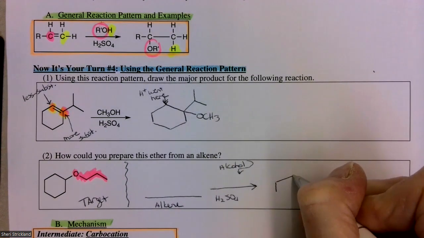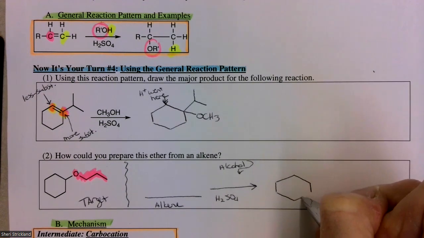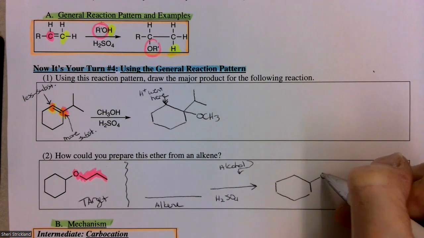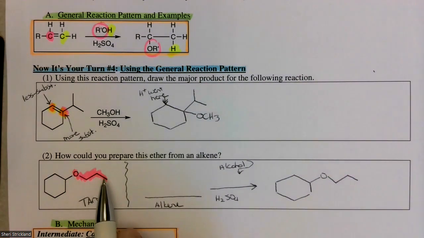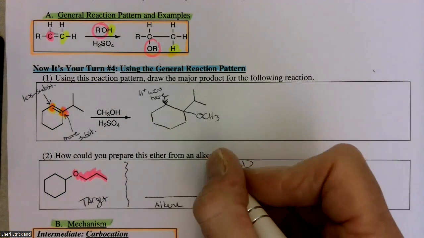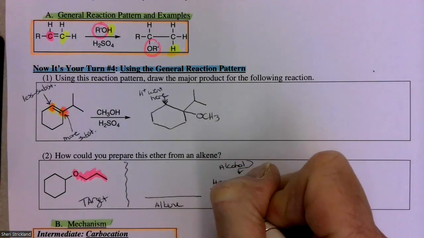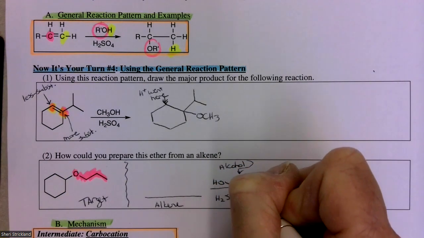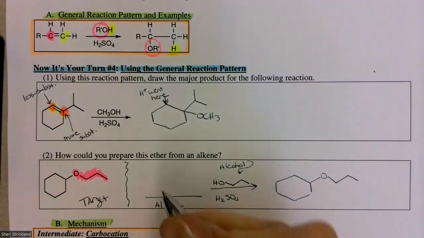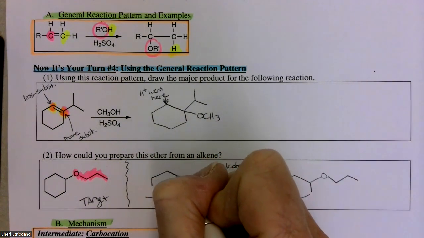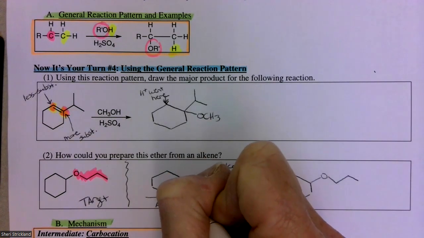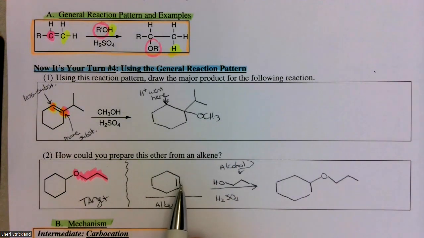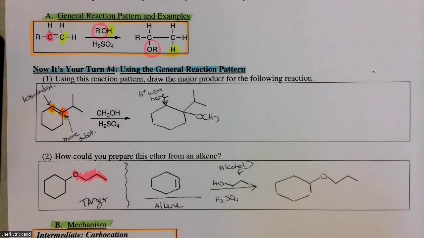And we're going to make this. All right, so the alcohol is just this with a hydrogen on the oxygen. And the alkene had to have been cyclohexene. Now you could draw the double bond there, or you could draw it there. It wouldn't make any difference at all.